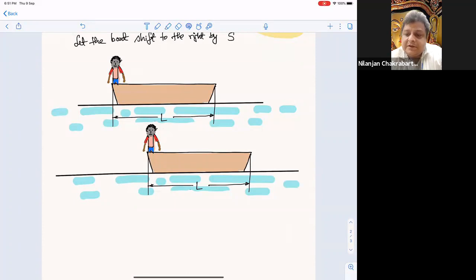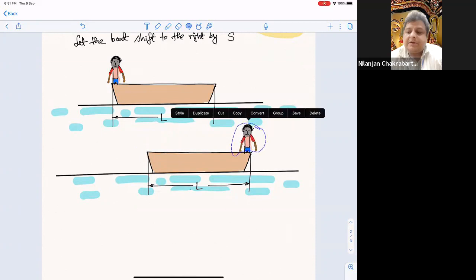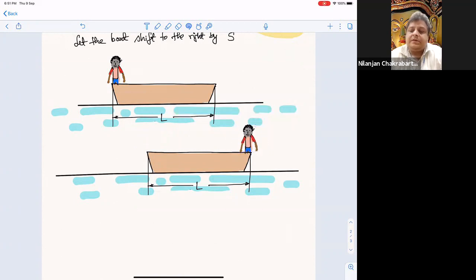The person is no longer here, right? The person is there, at the right end of the boat. Okay. So what we have assumed, the boat shifts by s. Here there is a line. Let's draw the line.